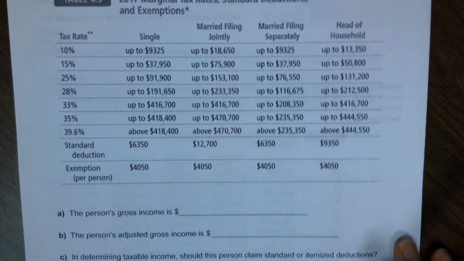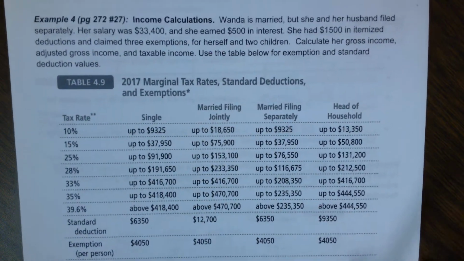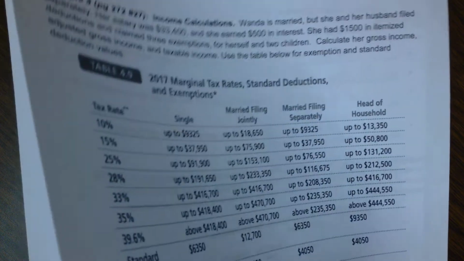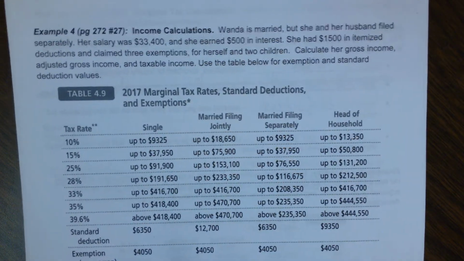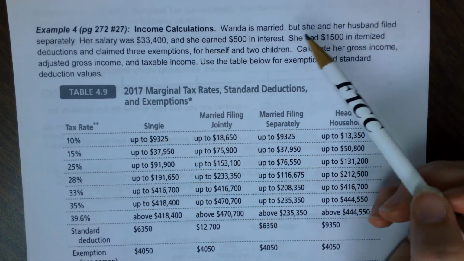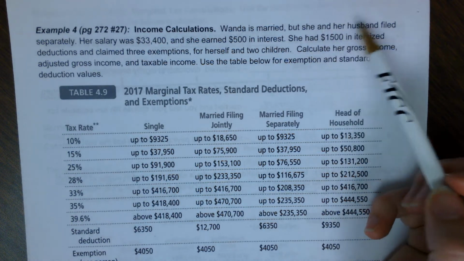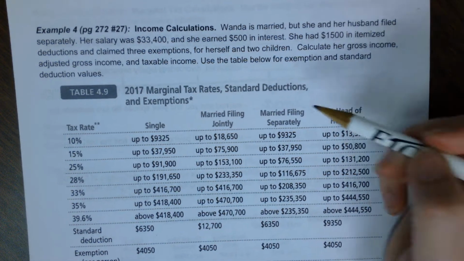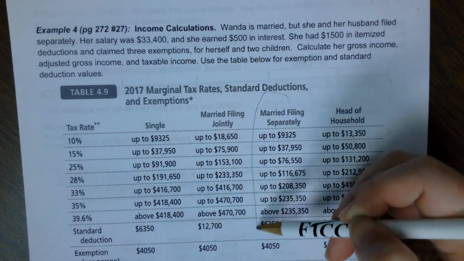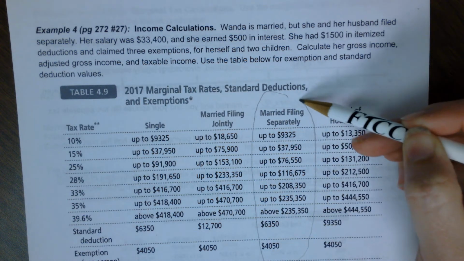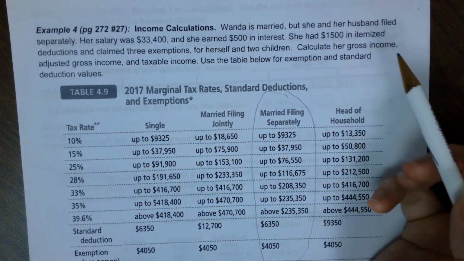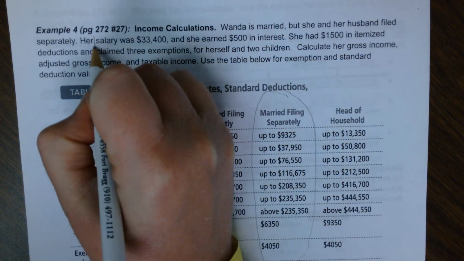So again, one more time, using the table to figure out the taxable income, and then we'll talk about actually finding the tax owed. Okay, so Wanda is married, but she and her husband filed separately. So that means she's going to be looking in this column here. Her salary was $33,400.